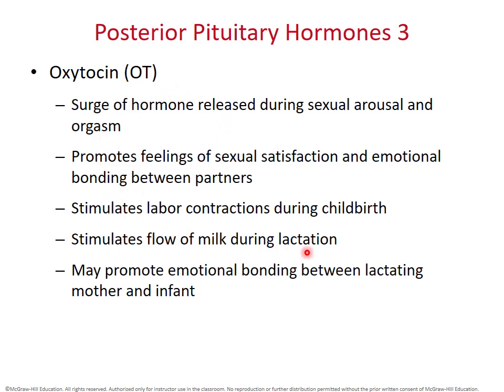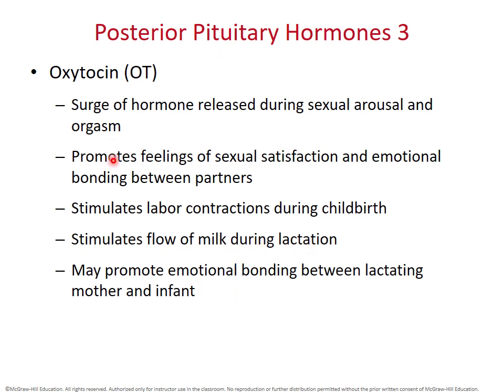In terms of its physical functions, we know that it stimulates labor contractions, and so this is why Pitocin is administered to help labor in some cases. And oxytocin is also the hormone that stimulates the release of milk during lactation. So again, prolactin stimulates the manufacturing of milk, but it's oxytocin in response to suckling that causes milk to be released during lactation.